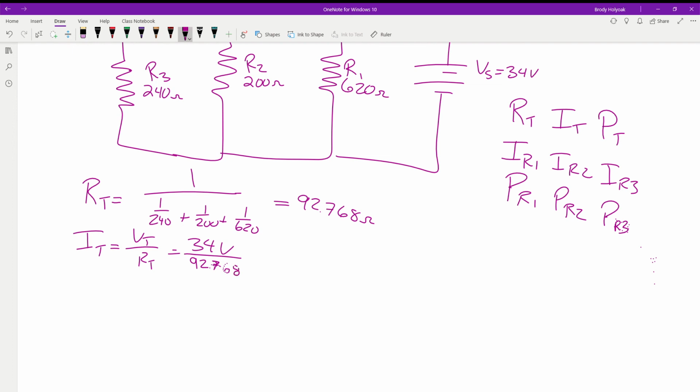That'll give you 366.5 point how much? 366.5 milliamps. We good there?